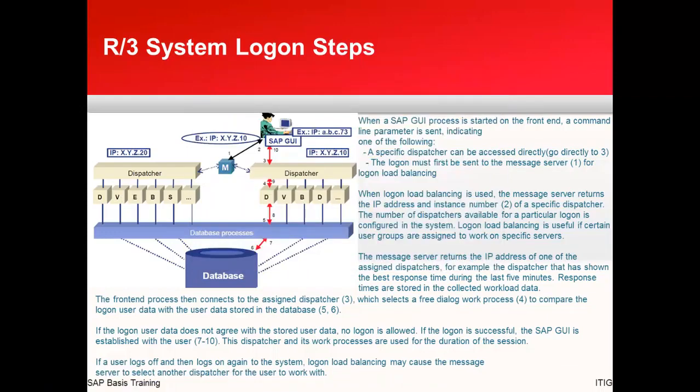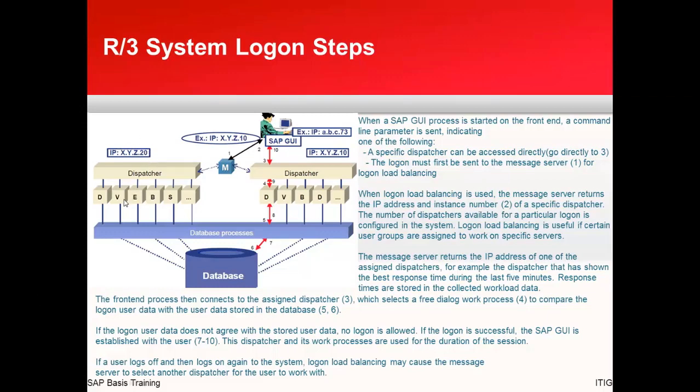In case the user is doing some printing activity, it will go to the work process called S. So the dispatcher will keep track of what activity is being performed by the user. Accordingly, the dispatcher will redirect it to the right work process.